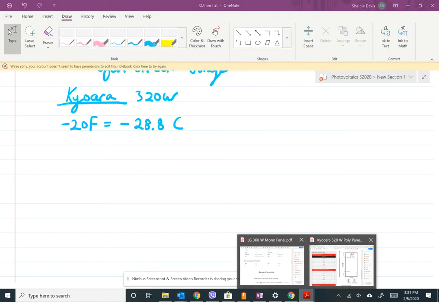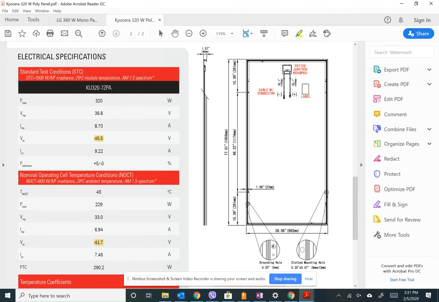Yes, I can. That was a lot of information. Okay, so nominal operating cell temperature and standard test conditions, both of them are standards. They test these ratings in the lab. The idea is you want to be producing panels that are as identical as possible, so they have to go through testing, and they test them to a certain standard.